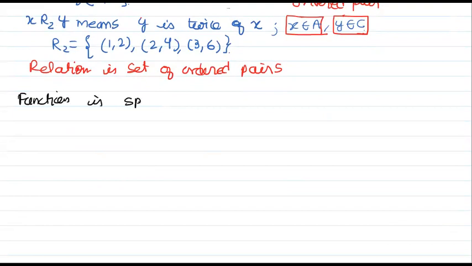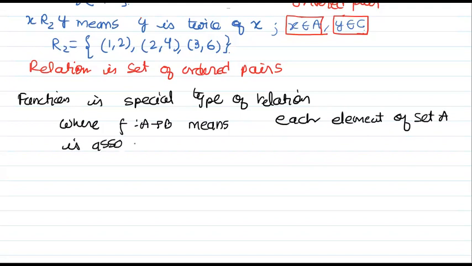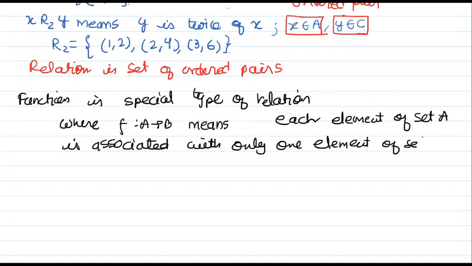Function is a special type of relation where a function from A to B means each element of set A is associated with only one element of set B. Okay, thank you.